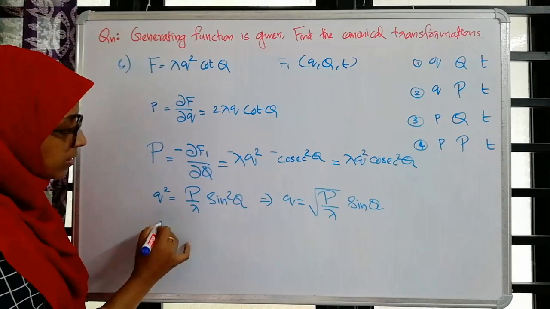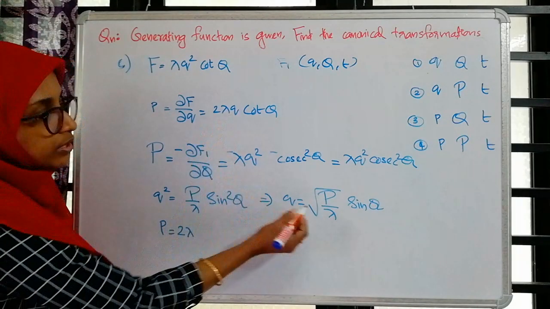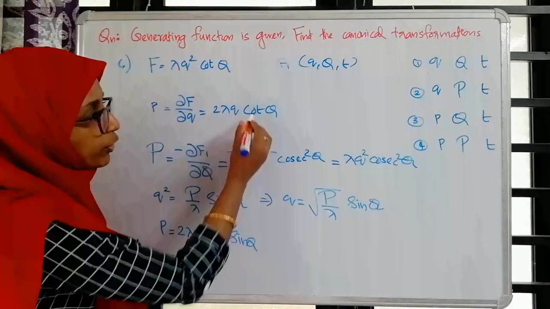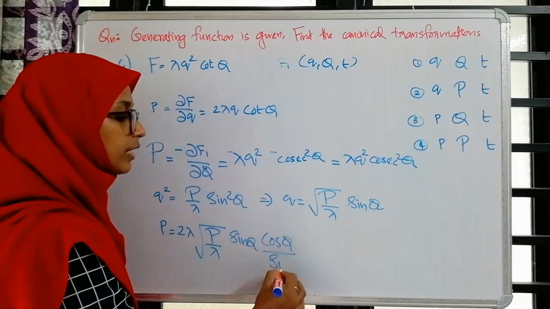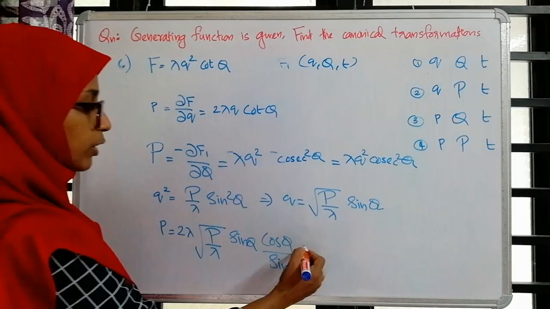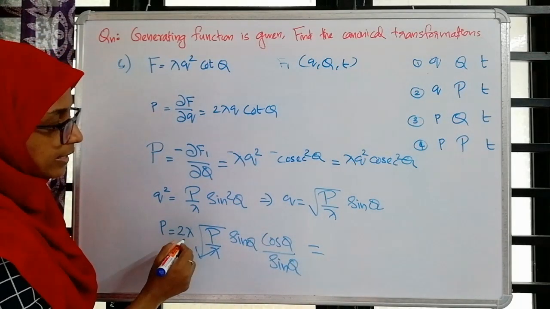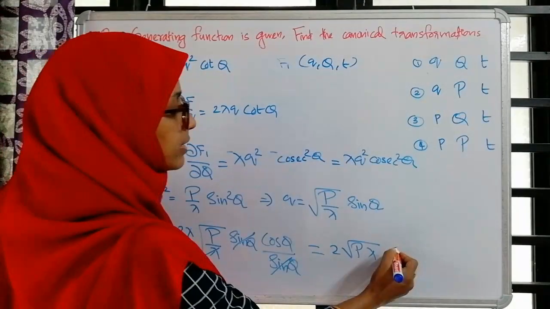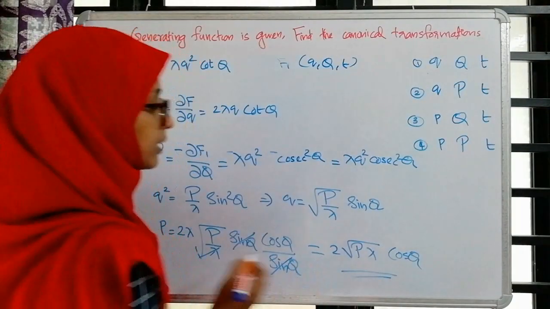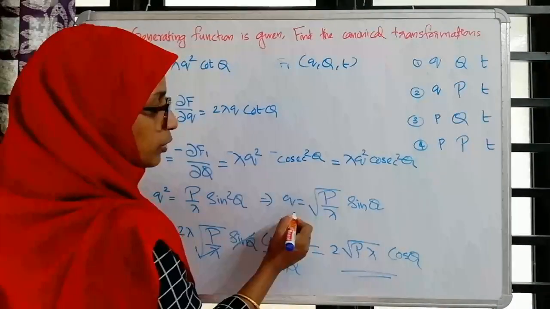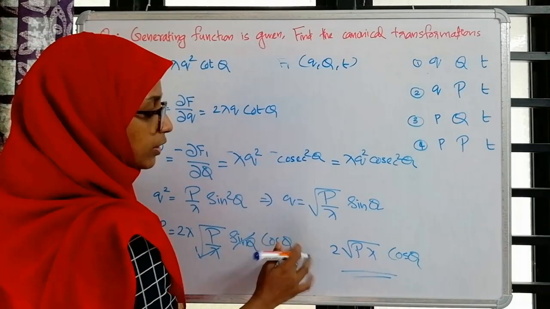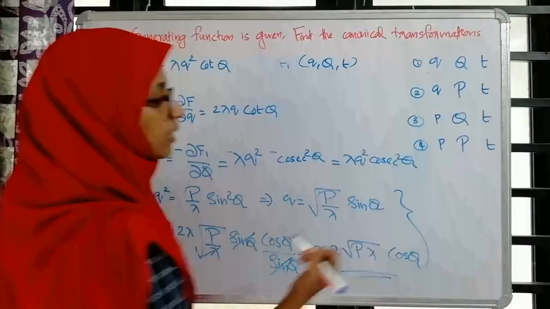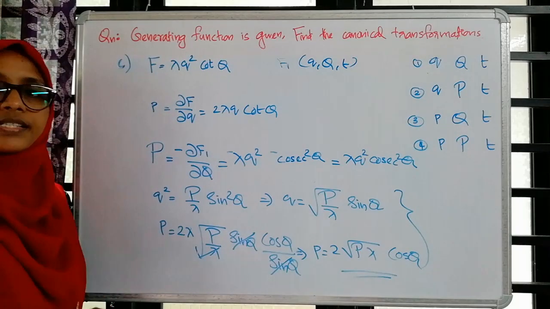That is, small p is equal to 2 lambda q cot Q, which is 2 lambda times root P by lambda sine Q into cot Q, that is cos Q by sine Q, which is equal to, root lambda cancel, and the remaining 2 root P lambda, sine Q got cancelled, remaining cos Q. That is, the equations are q is equal to root P by lambda sine Q, and also p is equal to 2 root P lambda cos Q. These are the transformation equations regarding this generating function.